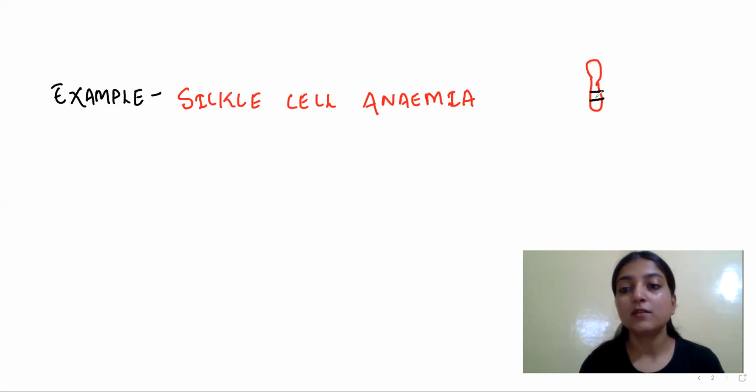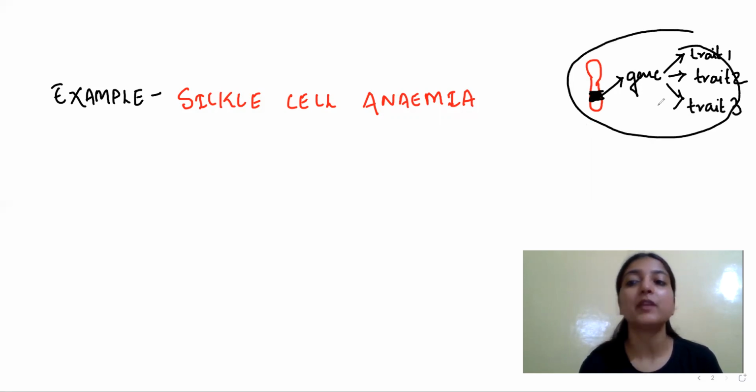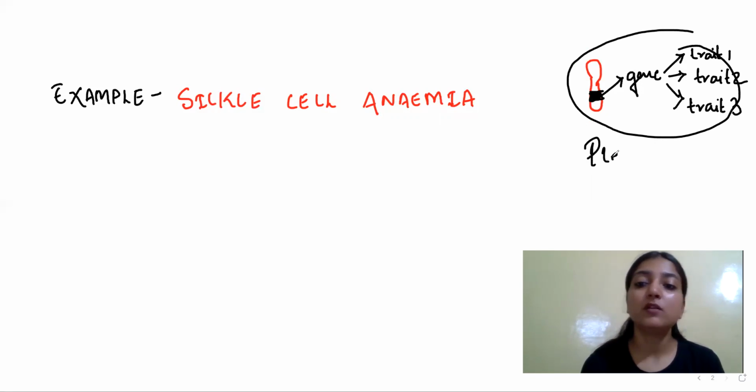Here is the gene. The gene present on this chromatid affects or influences more than one character or trait. If this is happening, then it is an example of a pleiotropic gene or pleiotropy.